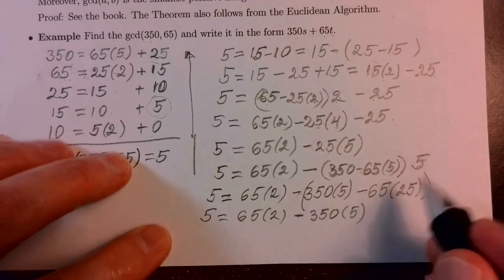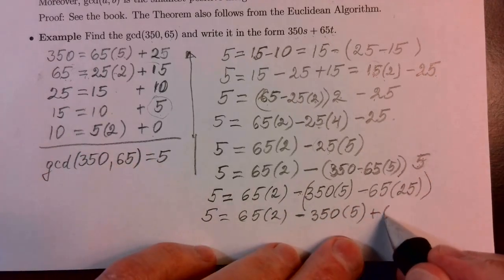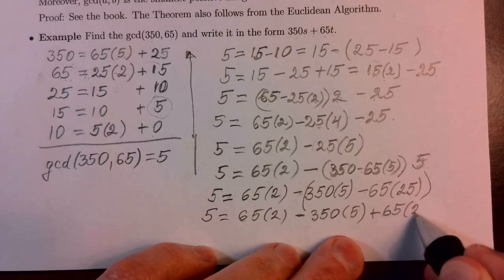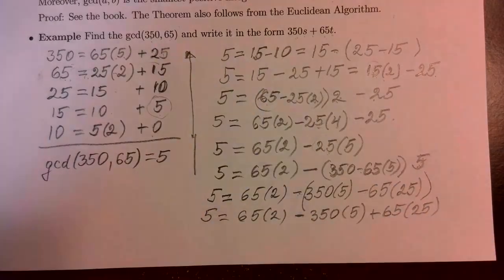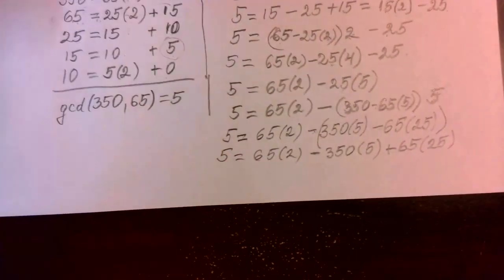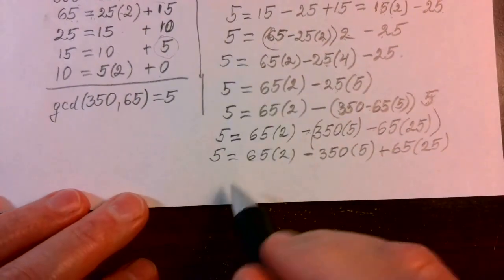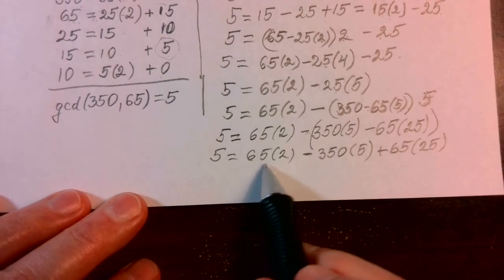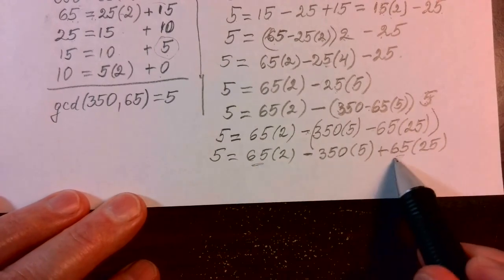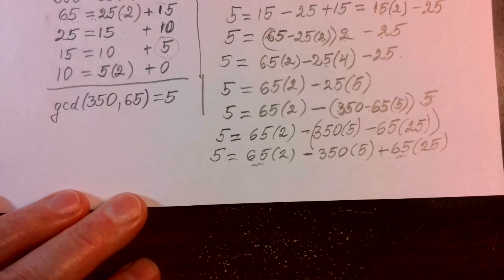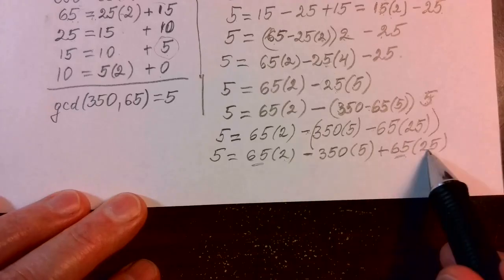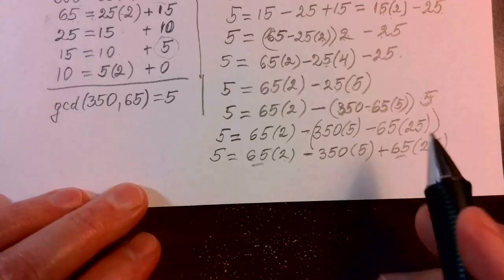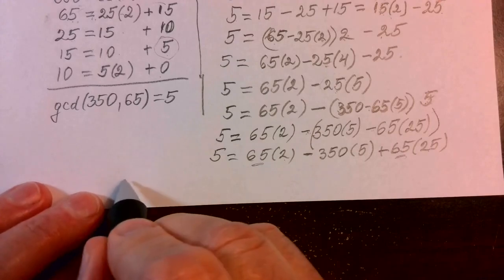Negative times negative is positive, so plus 65 times 25. And then we collect how many 65s we have. 2 here, 25 here, so altogether 27.